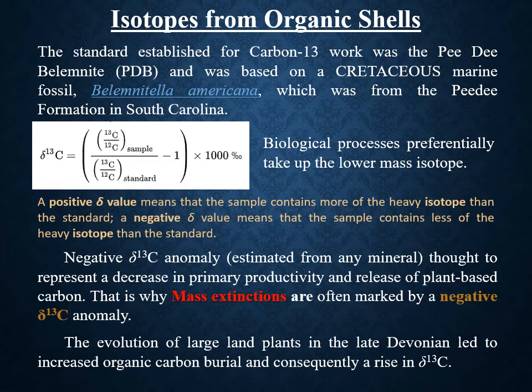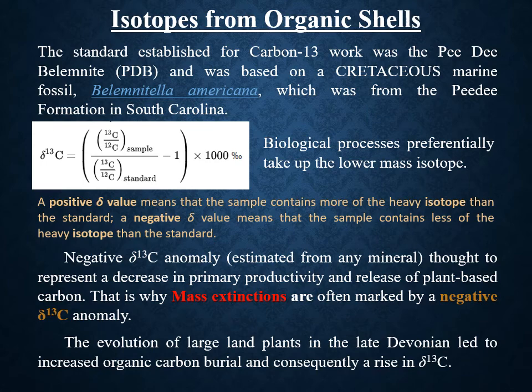Now, for studying any isotopes, it may be carbon, oxygen, or hydrogen, the variation in isotopic composition is recorded with respect to a standard value. For carbon, the standard is considered the PD belemnite, that is the belemnite found in the PD formation, South Carolina, of Cretaceous time.